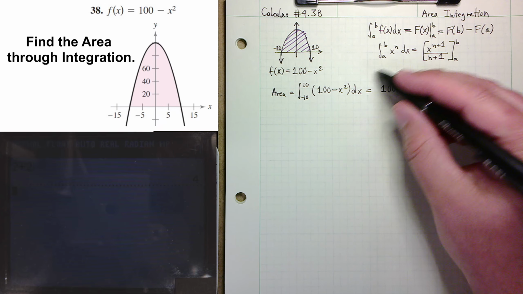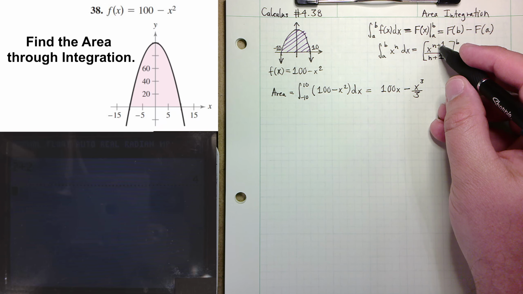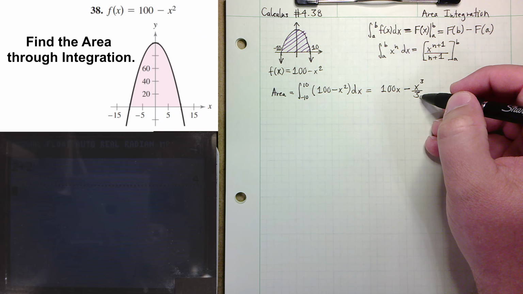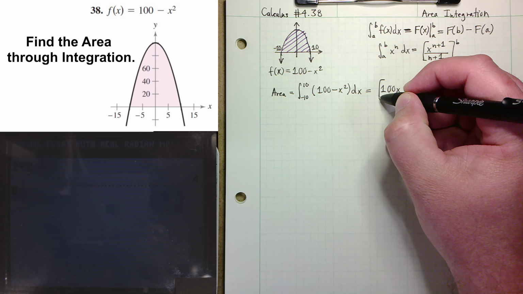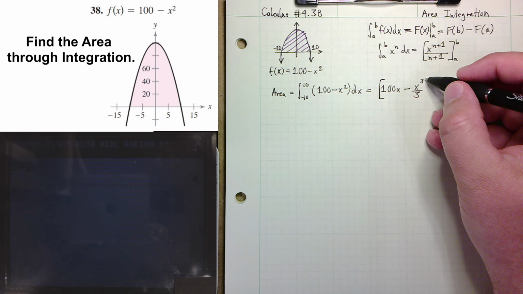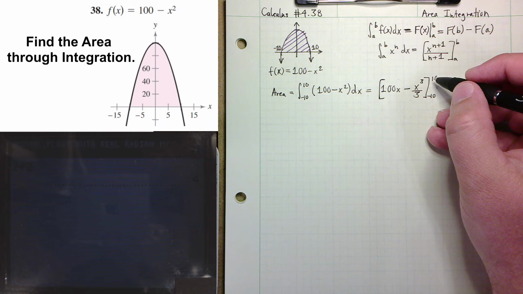Add 1 to the 2, so we get x to the third power, divided by 2 plus 1, which is also 3. Okay, we have to keep our limits of integration, from negative 10 to positive 10.